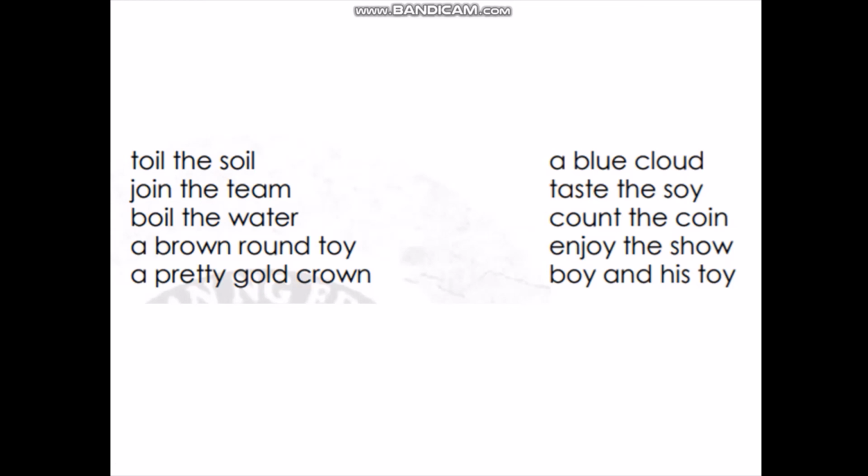Toil the soil, join the team, boil the water, a brown round toy, a pretty gold crown. Now, your turn to read. Very good. So now let's have this part. A blue cloud, taste the soy, count the coin, enjoy the show, boy and his toy.